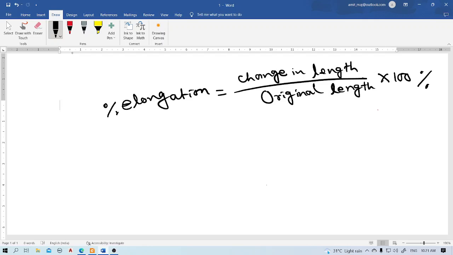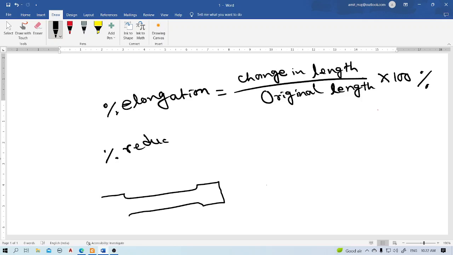Okay, and another thing, in case of area, percentage reduction in area. Because in the tensile test this type of sample is produced and a tensile force is applied at this location.